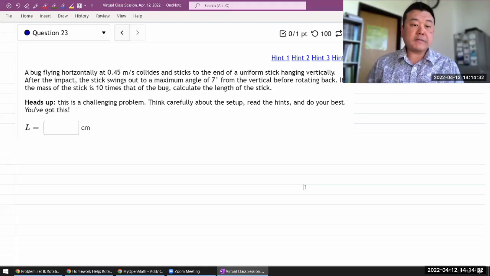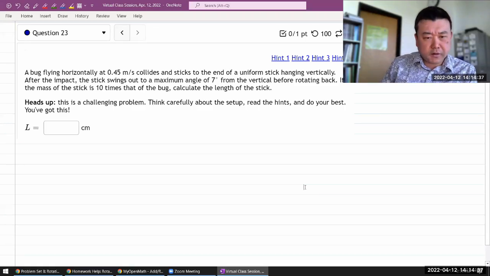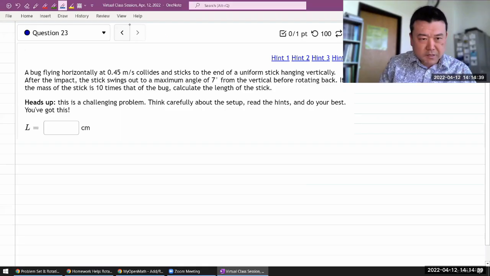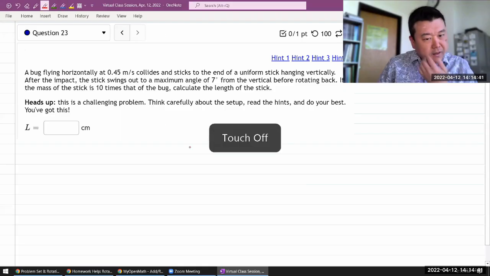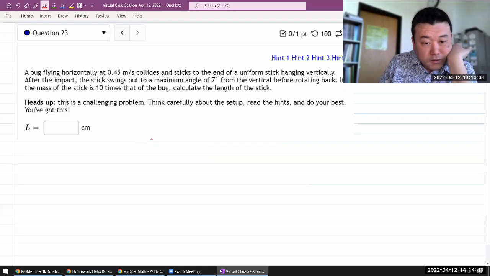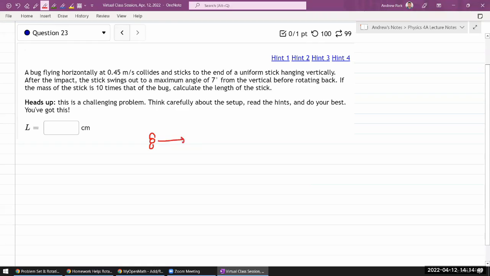So the question says, a bug flying horizontally. Okay, let me just doodle a little bit so that I make sure I'm reading the question the way I'm supposed to. Flying horizontally at some speed of v, collides and sticks to the end of a uniform stick hanging vertically.